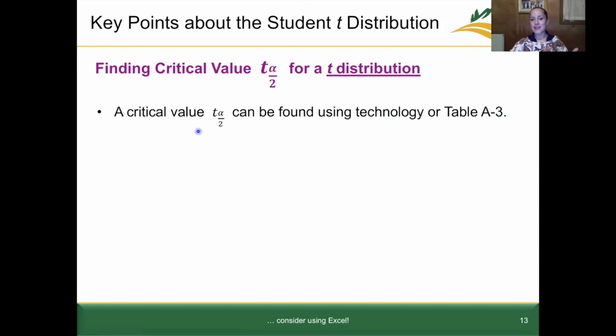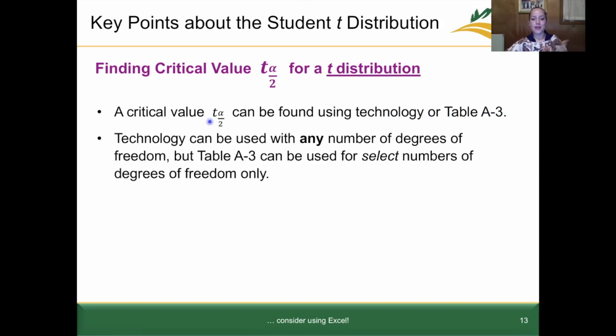Another plug for Excel is that Excel, or any other form of technology that does statistical analysis, can be used for any number of degrees of freedom. However, if you're going to use table A3, we can only use it for a select number of degrees of freedom. So a recommendation is to consider using Excel for this style of question. I'll show you how to use table A3 as well, though.